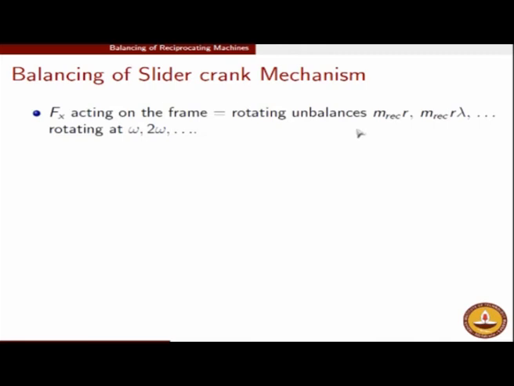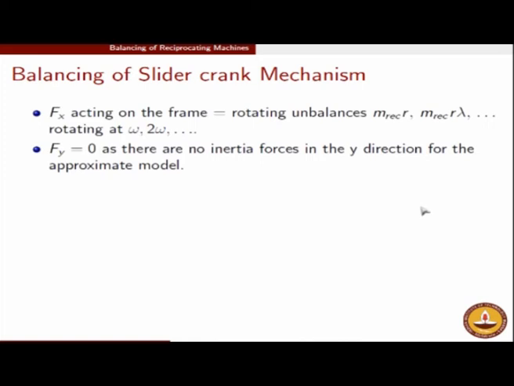So at present we are able to realize that these forces which are acting on the frame are nothing but rotating unbalances m rec r and m rec r into lambda by 4, which are rotating at omega and 2 omega respectively. Wherever you see lambda, it is supposed to be lambda by 4. Again, sorry for that mistake. I will make the correction in revised notes which I will upload.